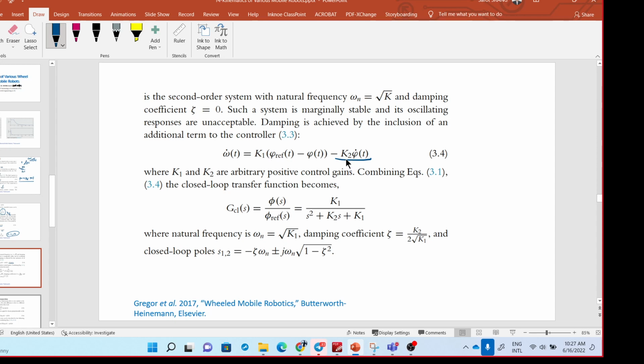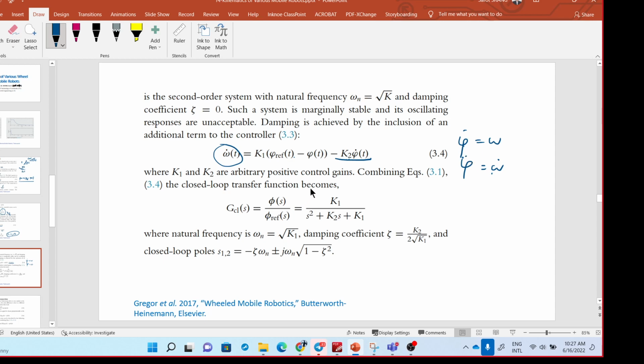So we need K2 here, and we substitute this equation into the equation phi dot equal to omega. Okay, so phi dot equal to omega. Substitute this into this equation.